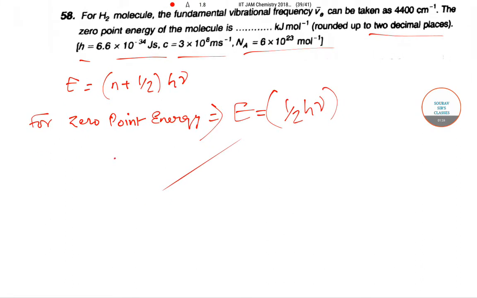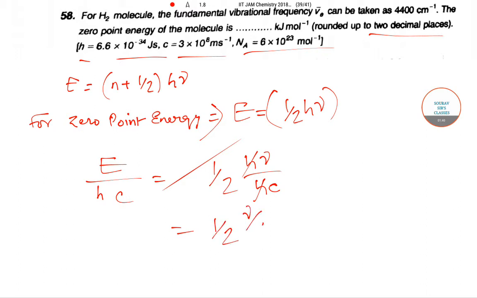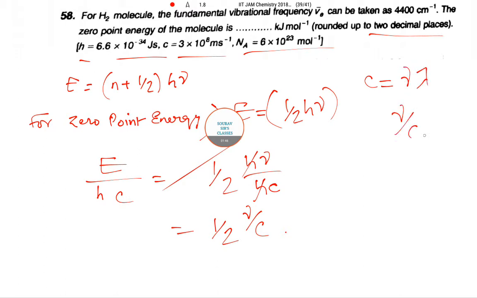So now E by hc will be equal to half into h nu by hc. Subsequently, the h cancels out, so we have half into nu by c, and we know that c equals nu lambda, so nu by c will be equal to 1 by lambda.